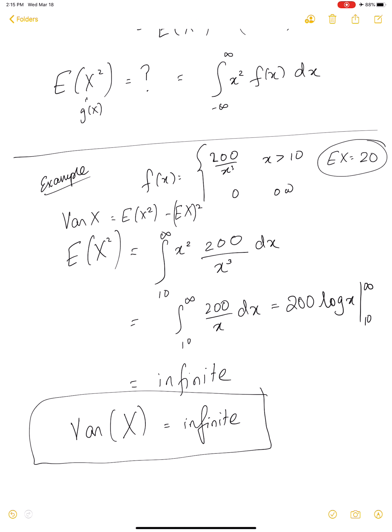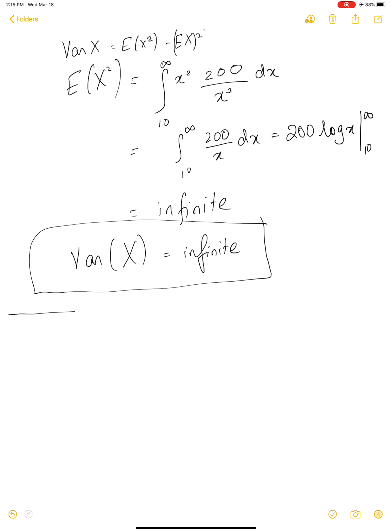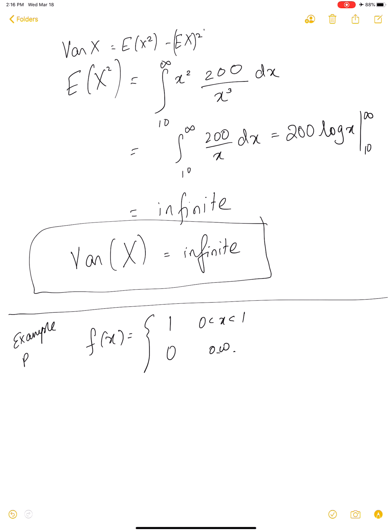And let's take a look at another example. Let's take a look at the situation where you have that f of x is 1 when x is between 0 and 1 and 0 otherwise. Okay, so random variable x has this probability density function.